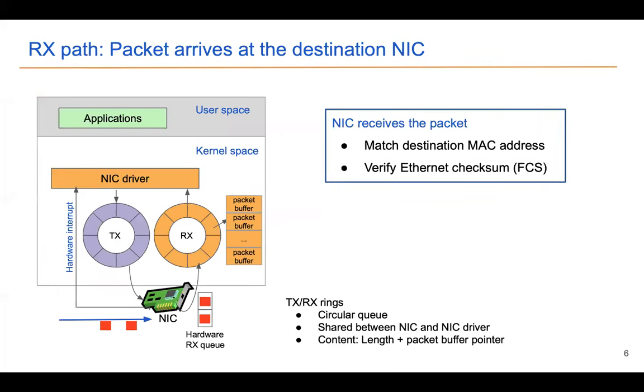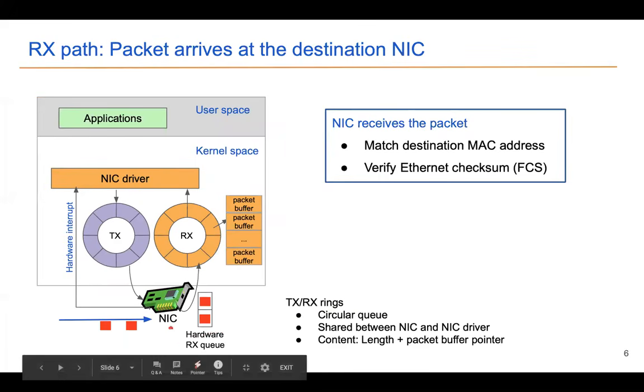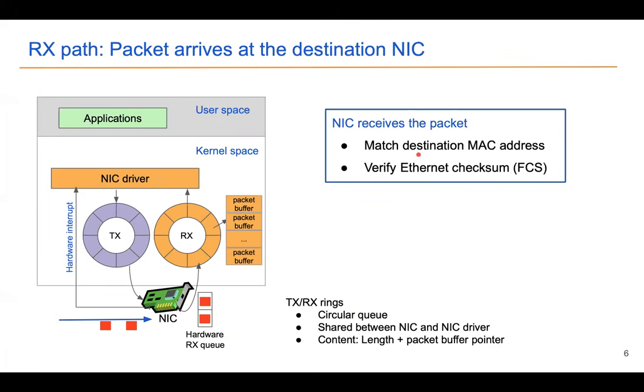Let us first discuss the receive path. The packet arrives at the network card, where it is stored in the hardware receive queue. The NIC matches the destination MAC address with the set of acceptable MAC addresses and validates the Ethernet checksum.